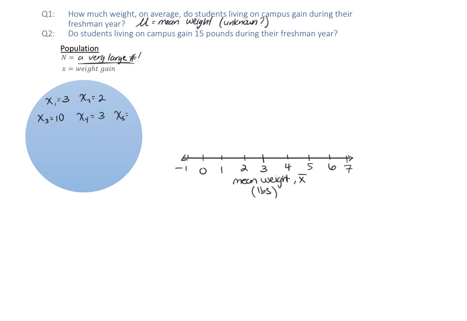Let's suppose the student gained 2.5 pounds. I'm just going to list a few more here, but I hope that you can see that it would be impossible for me to list the weight gain for every single freshman student in the population. But let's suppose that this circle contained all those values all the way up to X sub n, where X sub n is the last student in the population.